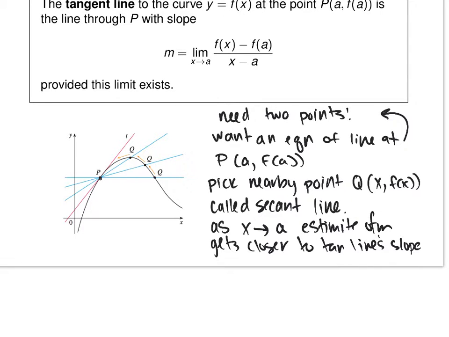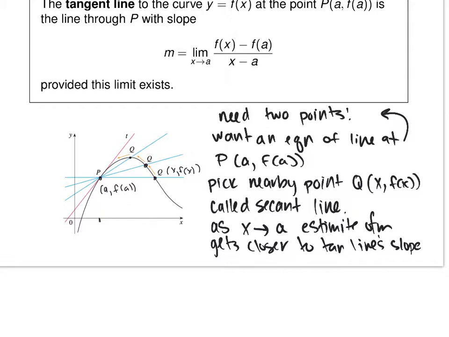The x is A and the y is f of A. And Q is just some other point, and that's going to have coordinates x, f of x. Okay, from this picture, it's pretty obvious that that particular estimate that's drawn is a pretty crappy estimation of the tangent line slope, right? But can you see what they're trying to get at, that as this Q goes closer and closer to that point P, the slopes are kind of converging to the right thing?